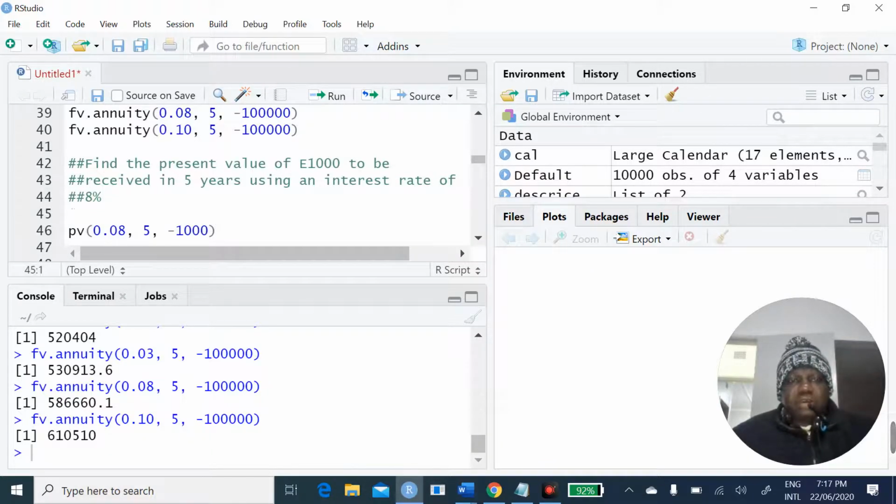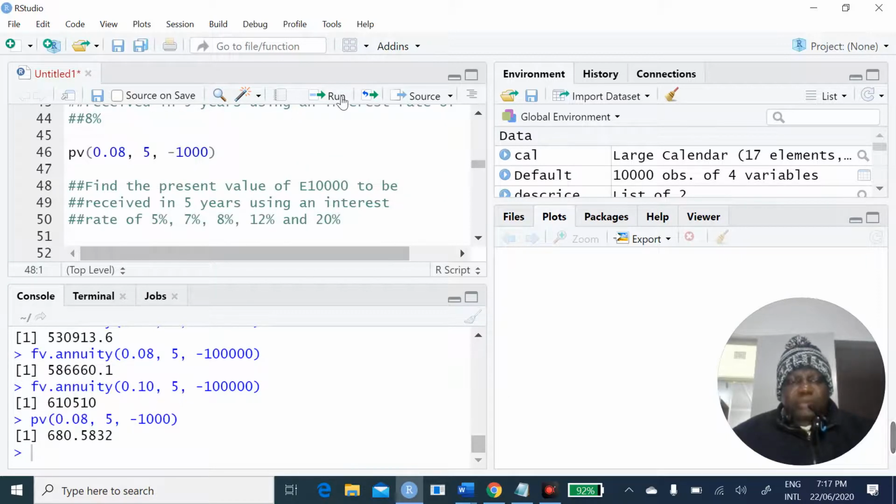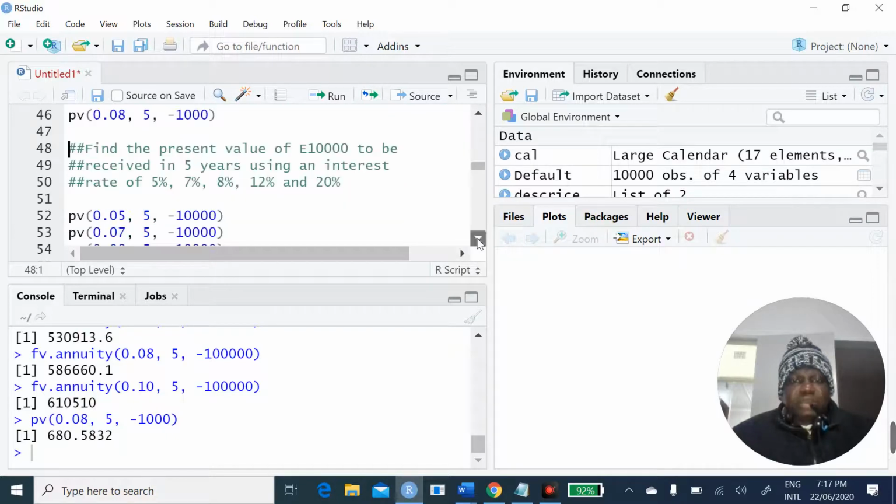So let's run it. Fine. So this is showing you that if the future value is 1,000 at 8% interest and 5 years, we have the value at present to be 681 Emalangeni.